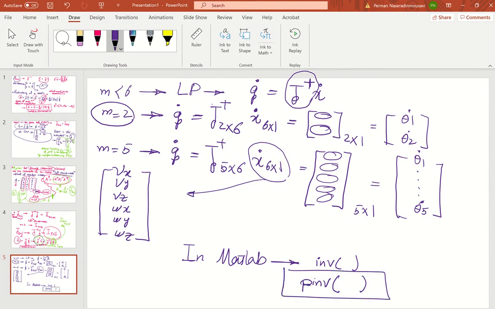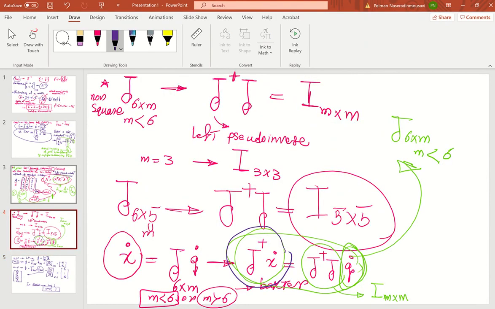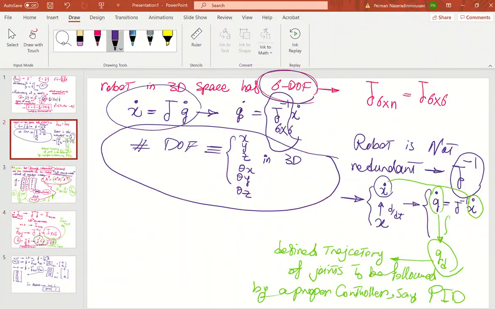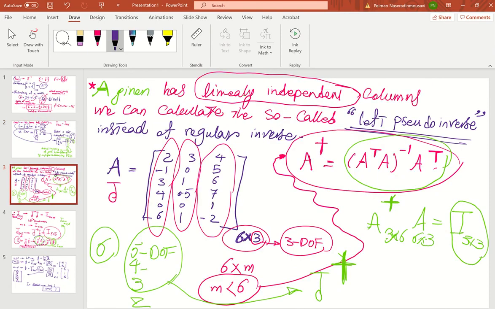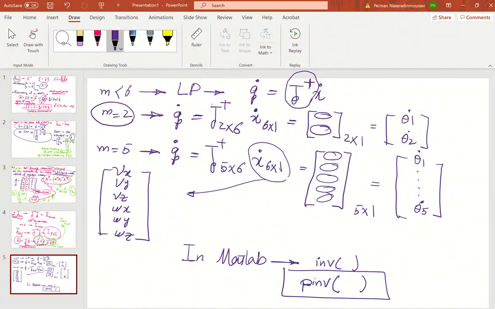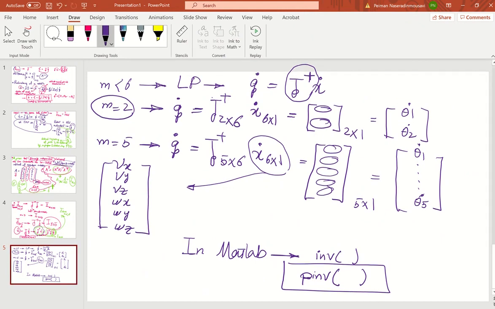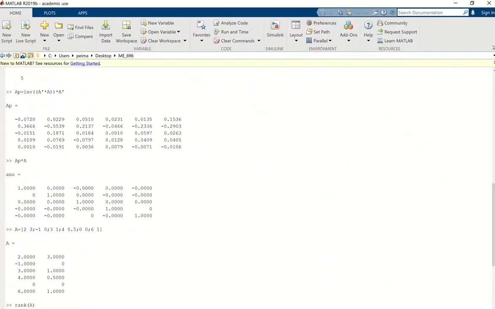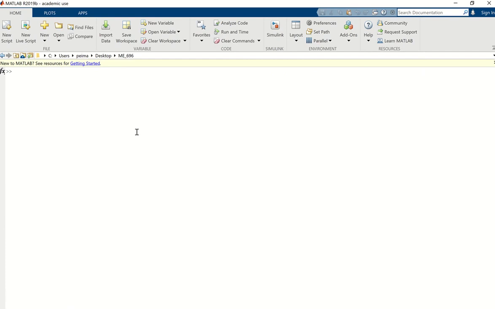Look at here, where I wrote pseudo. Here we go, left pseudo. Pseudo, the first letter is P. So pinv is the MATLAB command. You don't need to calculate these each time for the left pseudo. Let me do this for all of them.